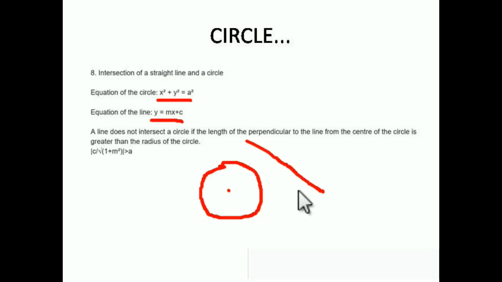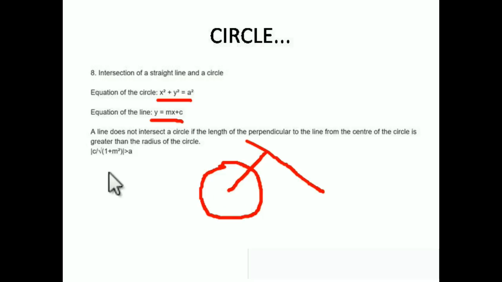Now what do we have? If the line does not intersect the circle, see, this line is not intersecting the circle, then the perpendicular from the center of the circle to the line is greater than the radius of the circle.